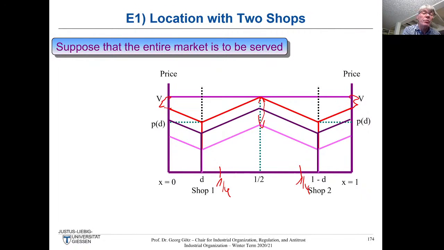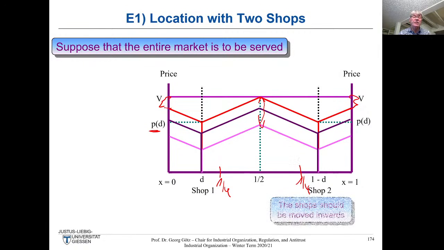Of course, we determined here P(d). What is then the optimal price you can charge if you want to serve everyone, and if you're located at a distance d from the endpoints? How do we determine that? That's the content of the next slide.